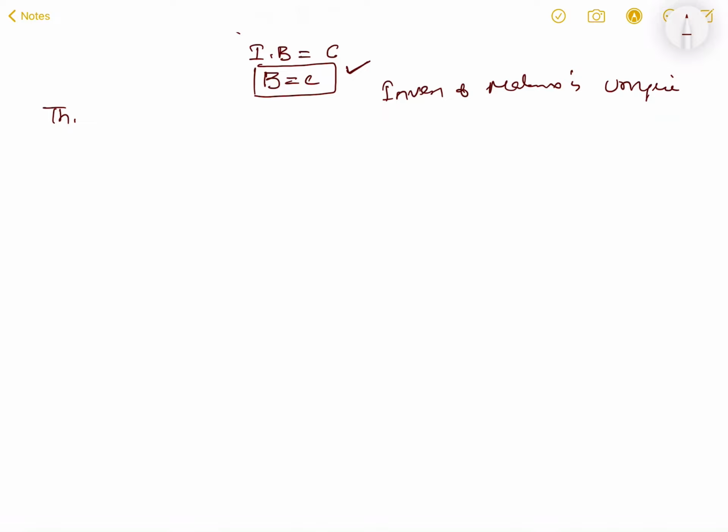Next theorem is, a square matrix A has an inverse if and only if determinant A is non-zero.